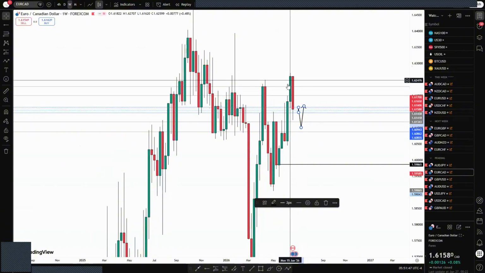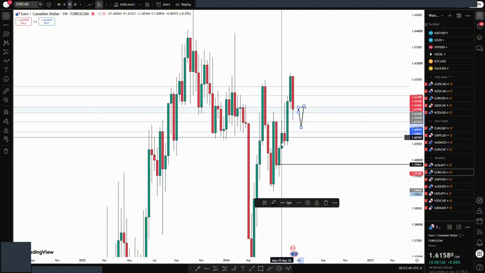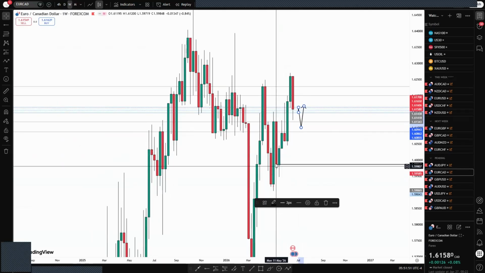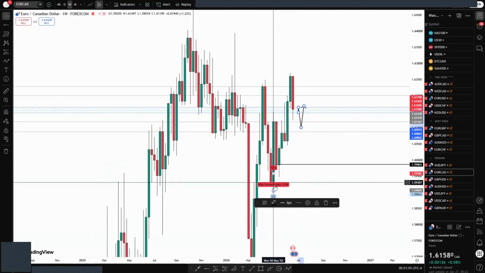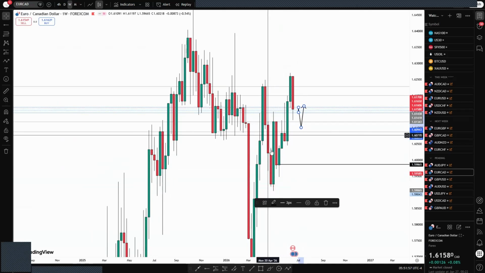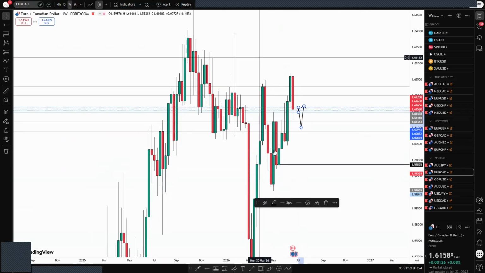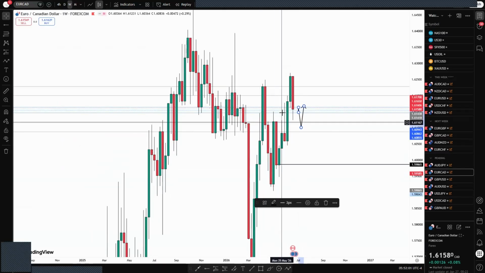Look how price was coming back here and dropping. You see this angle led to this point, and you see the drop led to this angle. There is direction here, clear direction.